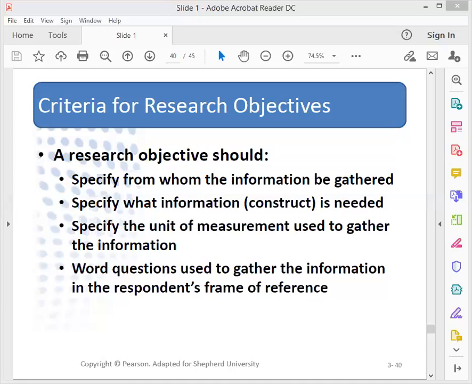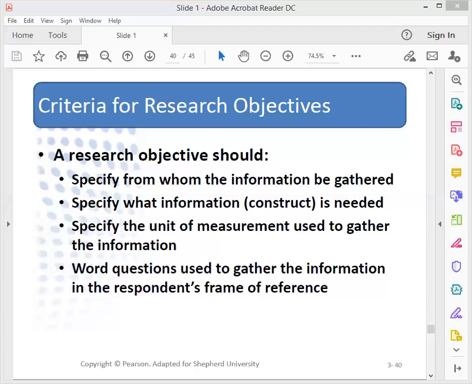Exactly what information do we need to make our choice among the decision alternatives? What's the unit of measurement? So, for example, to construct an intention to buy, like we saw for our hybrid car example, it may be measured on a scale ranging from 1 to 5 or 1 to 7 or 1 to 10.